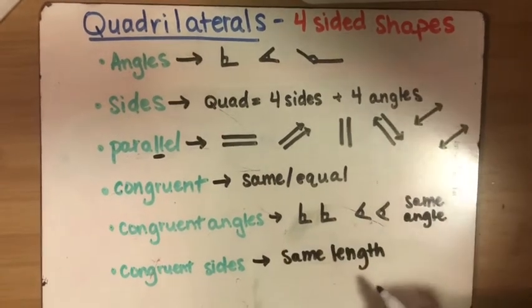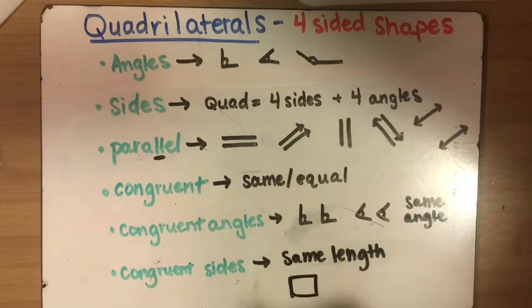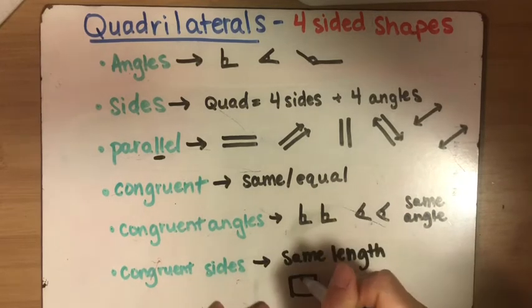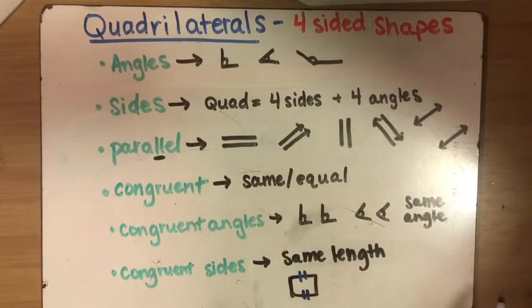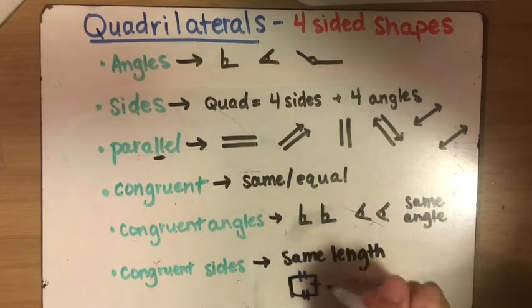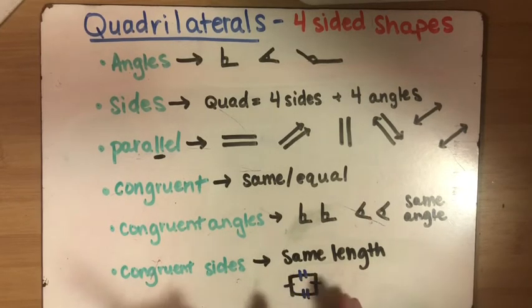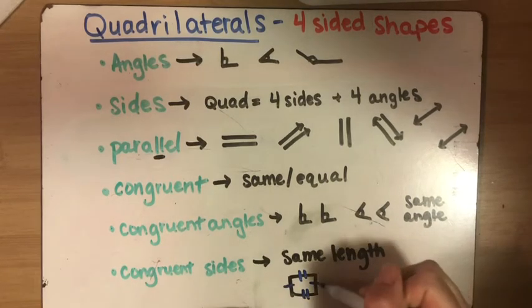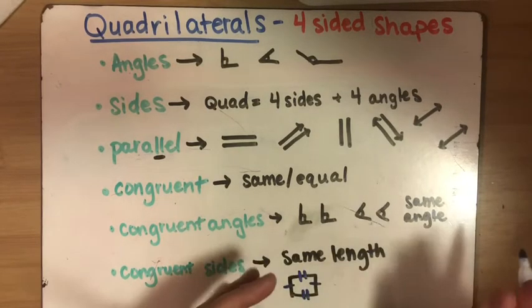So if they're the same length, let's say I have something like this, I can show with my little lines. Those two are congruent because they are the same length. And maybe these are different lengths, but these two opposite sides are congruent because they have the same length. But this side and the top side would not be congruent because obviously they're not the same length.